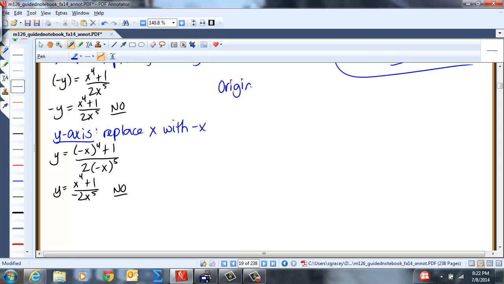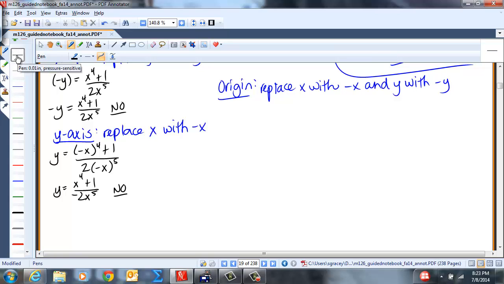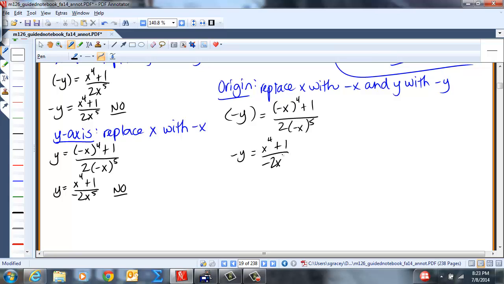So now let's test the origin. So remember, with the origin, you replace x with negative x and y with negative y, and see if you get the same thing. So we would have negative y equals negative x to the fourth plus 1 over 2 times negative x to the fifth. Negative y equals positive x to the fourth plus 1 over negative 2x to the fifth.